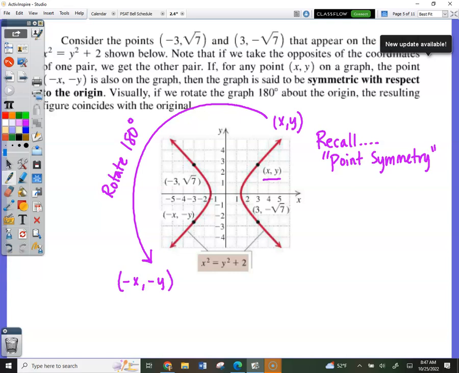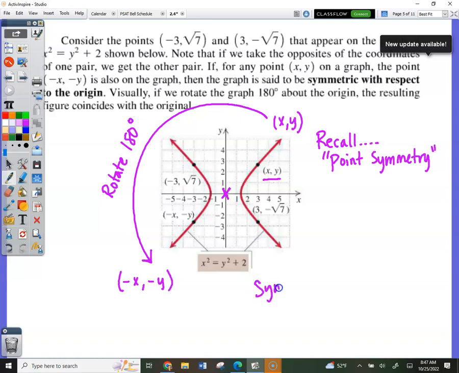If you rotate 180 degrees around the origin, this is the center of rotation. This is where you hold your pencil down, which is why I call it point. It's called point symmetry. You hold it down and you spin it 180, and it lands in the same place as it started. It has point symmetry.